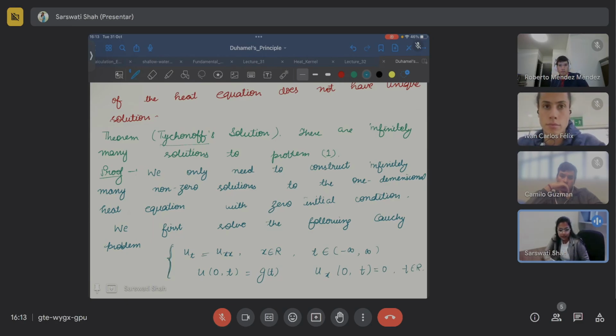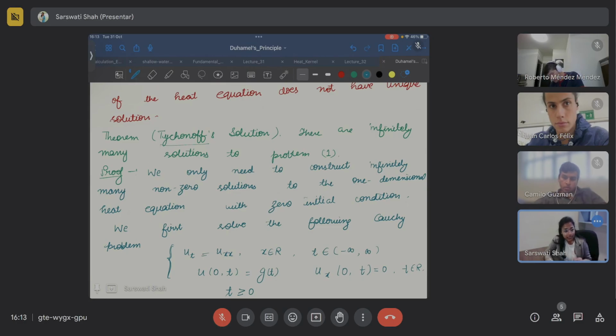Rather than treating t as a time variable, because as soon as t is the time variable you have to take t greater than or equal to 0, he is taking t as a space variable, that is, t comes from minus infinity to plus infinity, and x belongs to R, so just proceed as one dimensional.